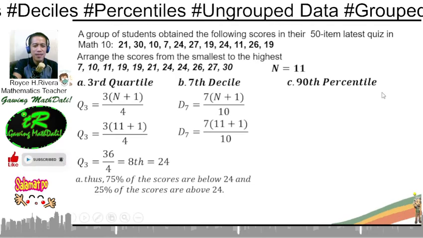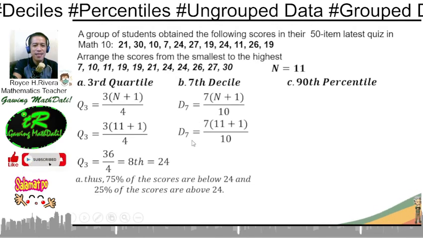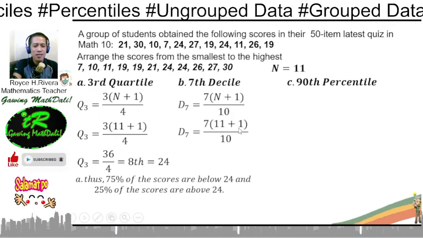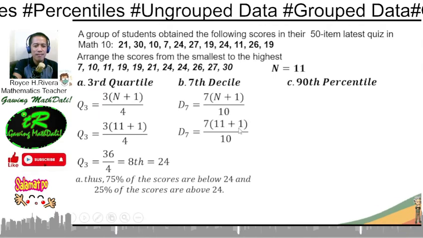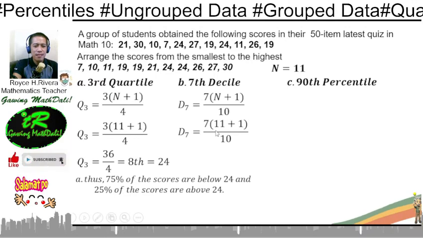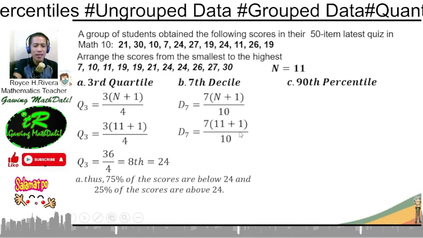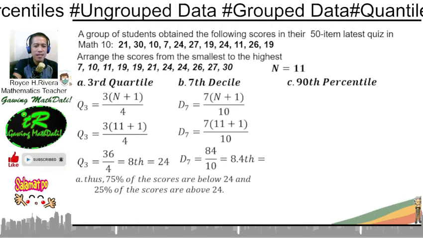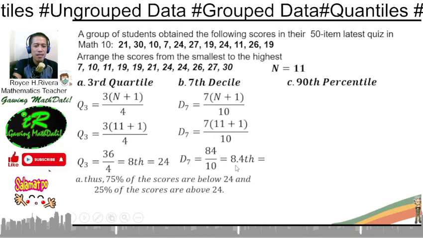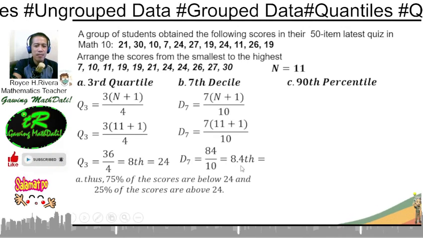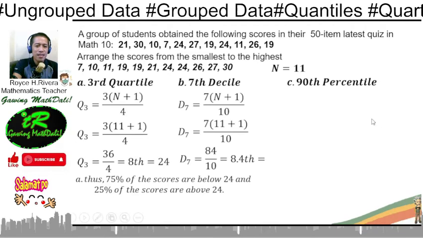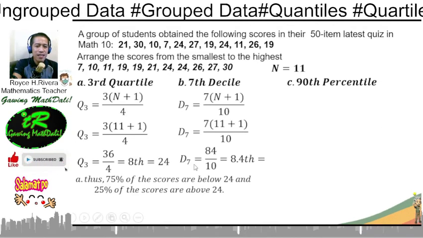By substitution, we have decile 7 is equal to 7 times 11 plus 1, that is 12, all over 10. 7 times 12 is 84 over 10. And it is equal to 8.4. So the 8.4th data in the given data set is the decile 7.